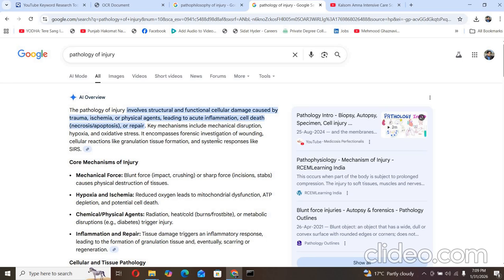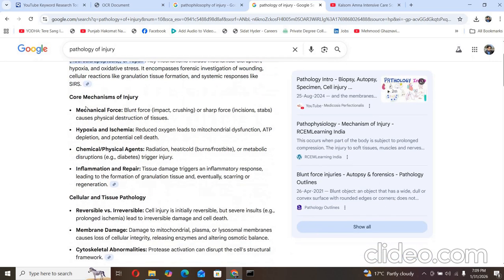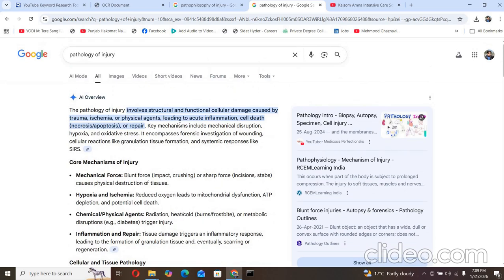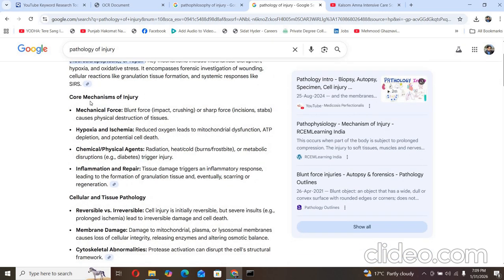It encompasses forensic investigation of wounding, cellular lesions like granulation tissue formation, and systemic responses like SIRS.